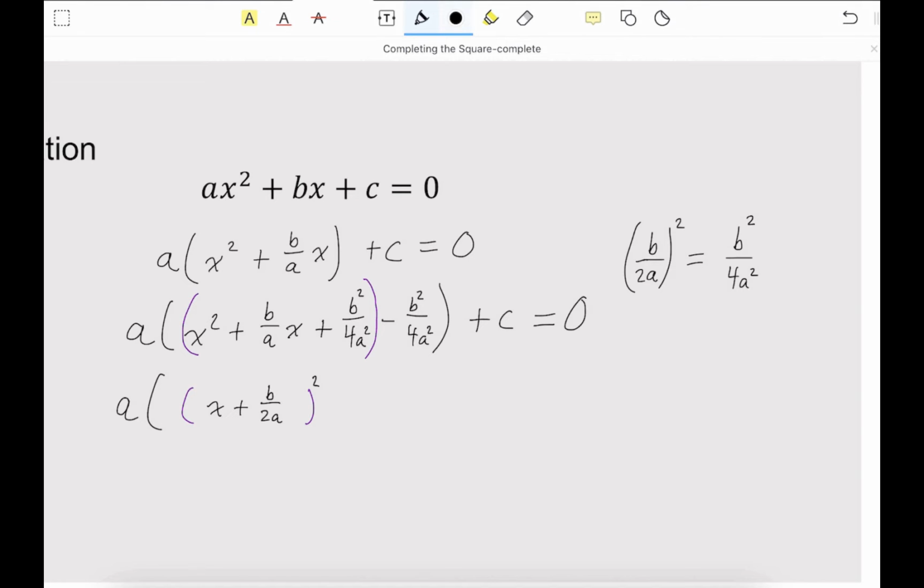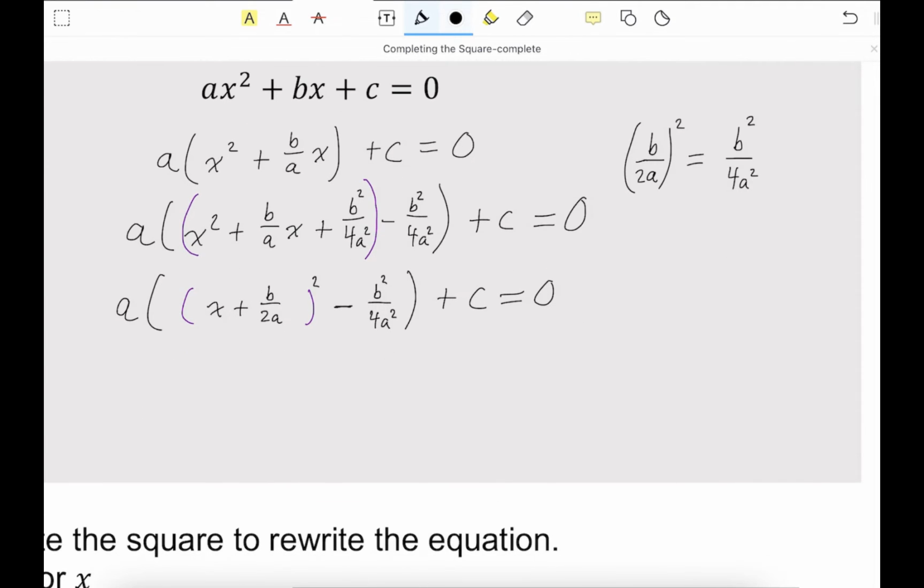I still have, outside of this purple parentheses, b squared all over 4a squared plus c equals 0. I distribute in this a to the term that's within the purple parentheses, and then also to that other term there.